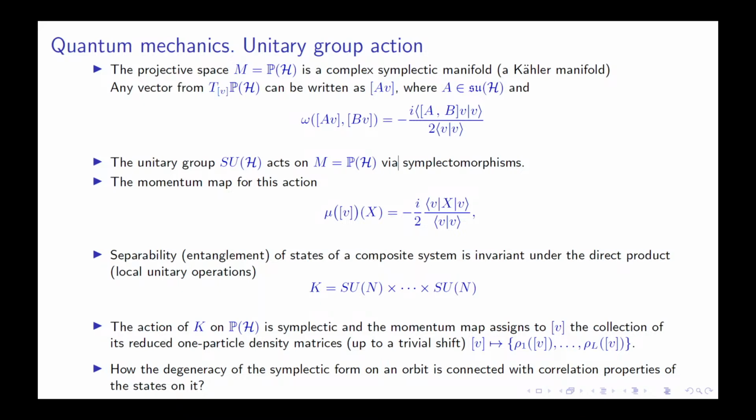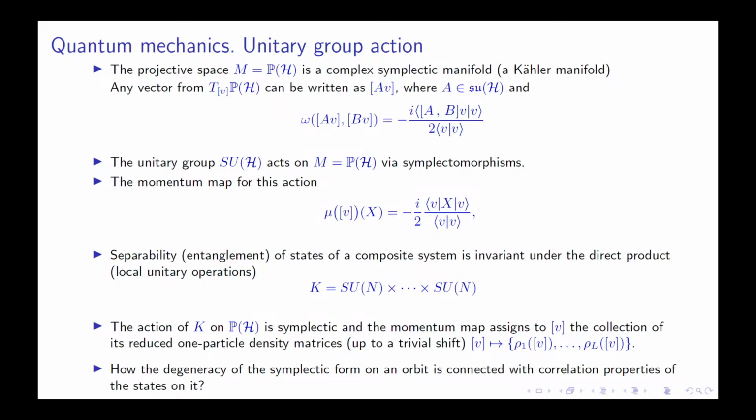So how does this symplectic structure look on the projective space? We have to calculate this on two vectors, and this is exactly given by this form. This is the symplectic structure which is here.